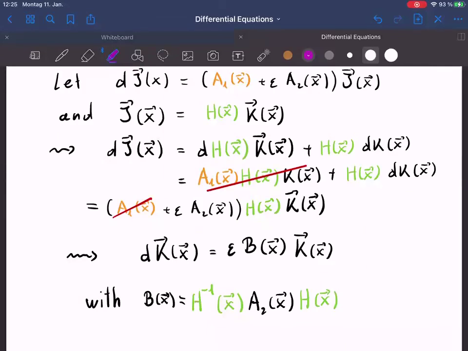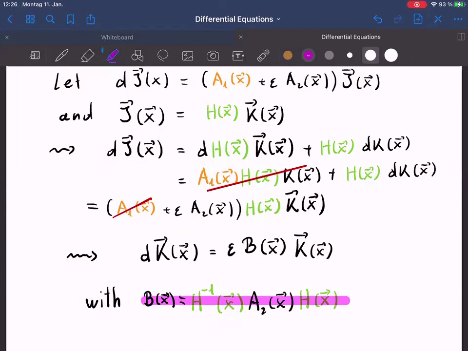Epsilon is factorized, where this new matrix B is now given by this. It is the inverse of H times A2 times H.